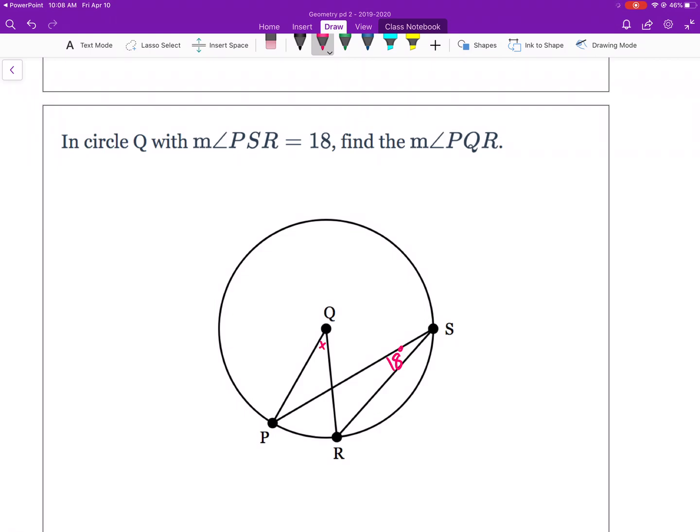Now these, once again, what I really want you to see today, hopefully you're picking up on, the two angles that they're talking about intercept the same arc. They hit the same arc. So 18, look how that opens up. That hits arc PR. And the X value that we're looking for, angle PQR, opens up and hits that exact same arc.